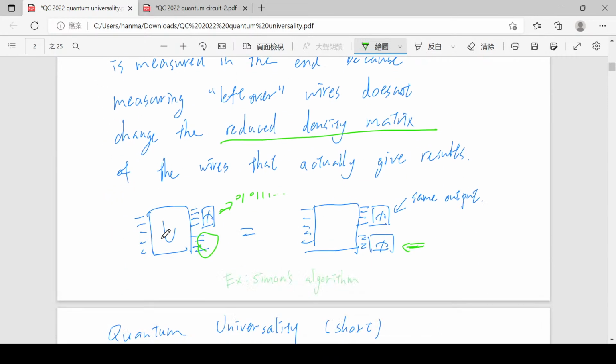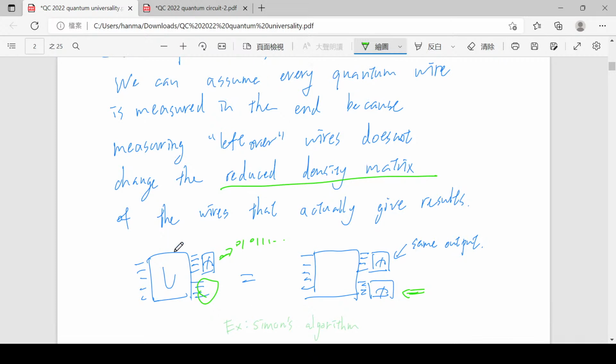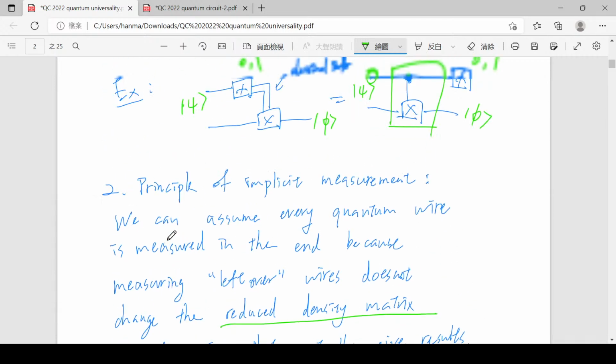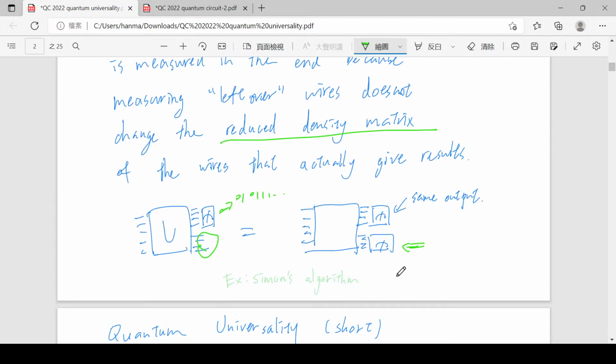Personally, I think this seems very easy, but it is actually very useful in analysis, as we already saw in Simon's algorithm. Later we are going to see Shor's algorithm, although I'm not sure we'll do it that way.